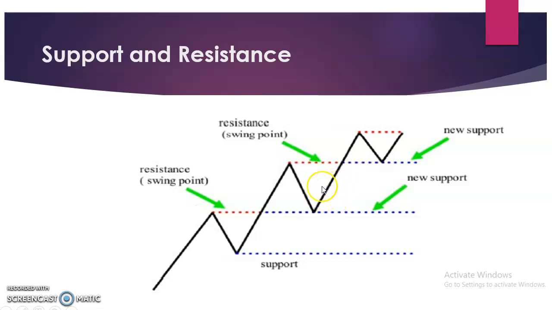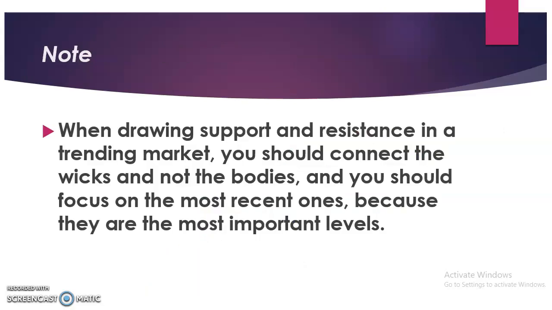So as you can see, we have support points and we have resistance points. When you are drawing support and resistance in a trending market, you should connect the wicks and not the bodies. And you should focus on the most recent ones because they are the most important levels.